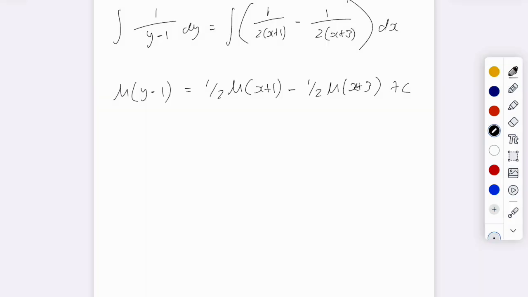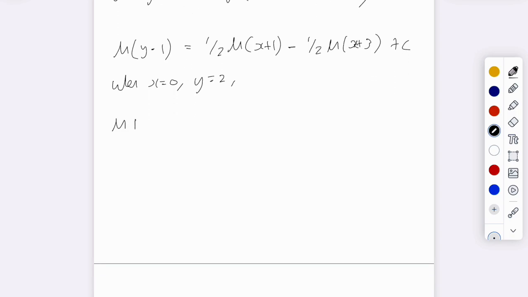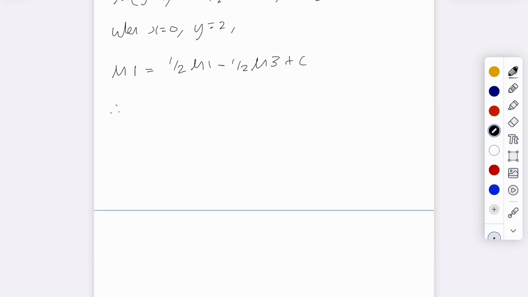Right, now we have to recognize that, okay, when x equals 0, y equals 2. So therefore we can say the following. Ln of 1 is equal to a half ln 1 minus a half ln 3 plus c. Right, so therefore we can say that c is equal to a half ln 3.